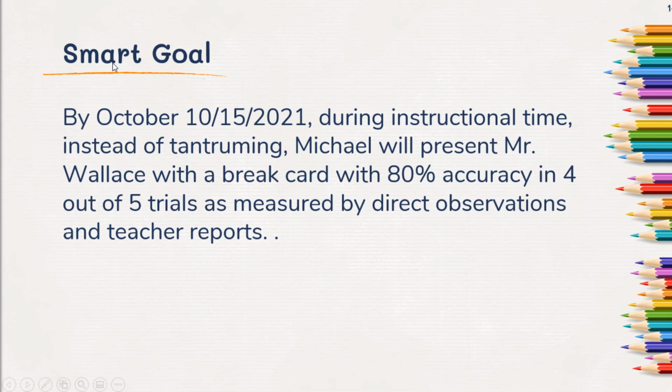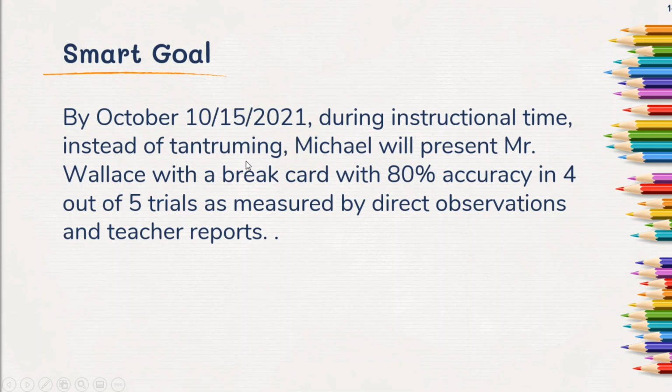For the attainable, this goal is doable to teach Michael, and it's age appropriate. Michael in this scenario is 4 years old, and the teacher can easily teach the 4-year-old how to use a break card and reward him when he uses that in order to reduce his level of tantruming.